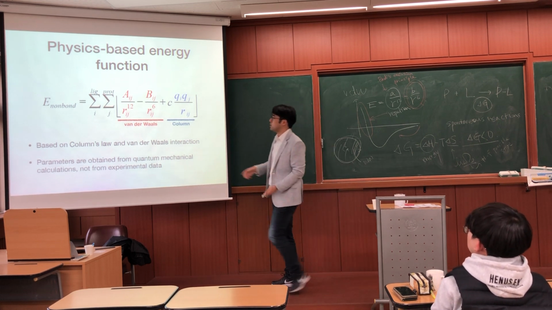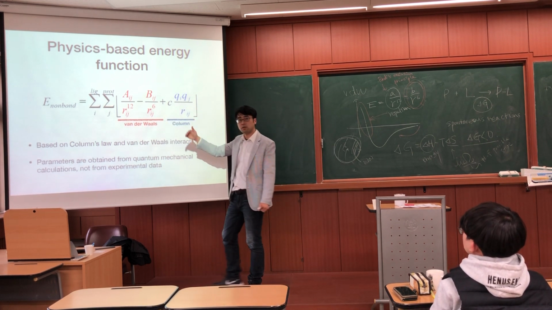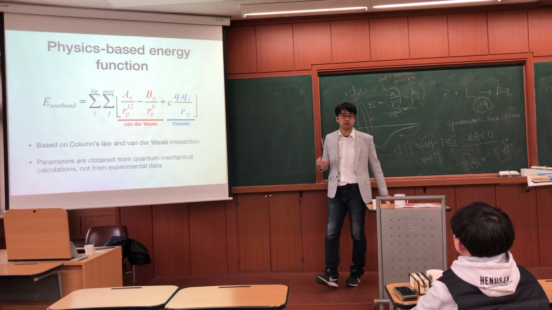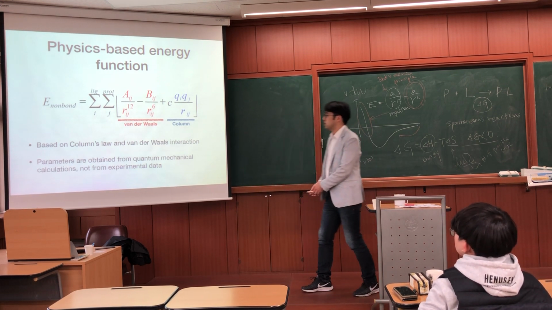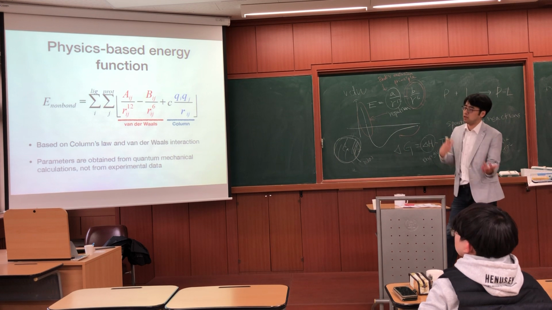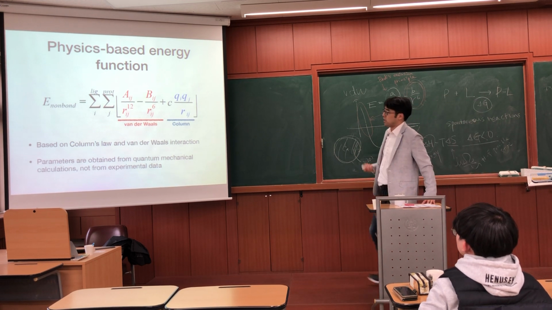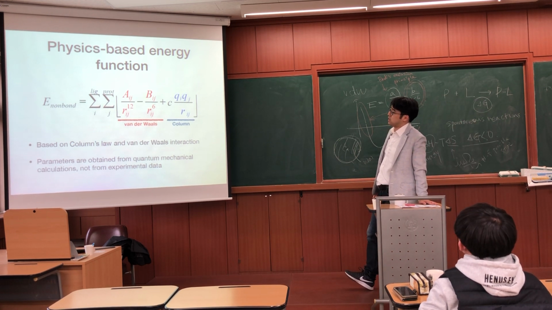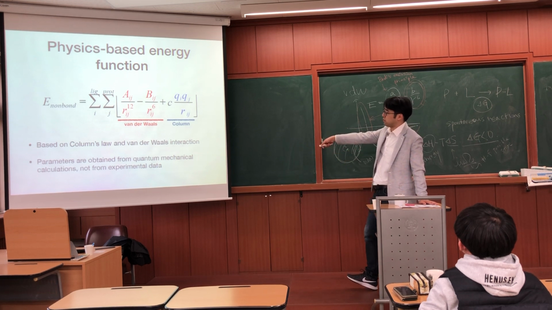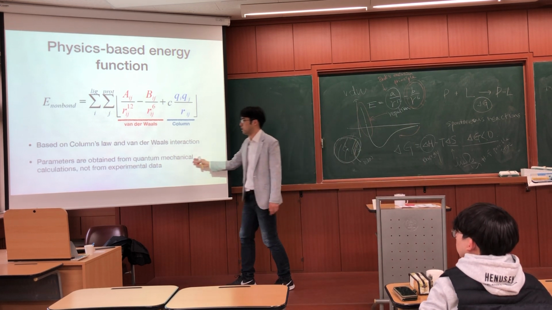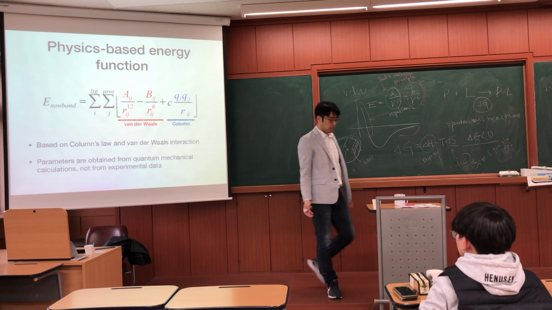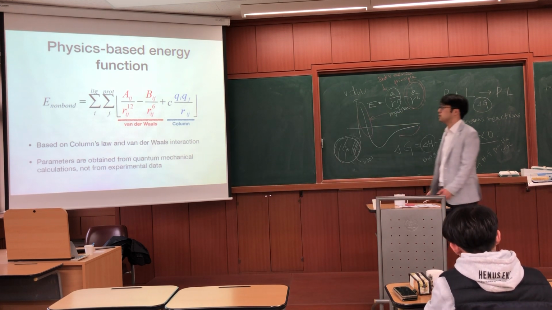By using this form, we can also predict the energies of protein-ligand interaction. It really depends on the philosophy of research. The parameters are obtained from quantum chemical calculations, not from experimental data. So they are hard.